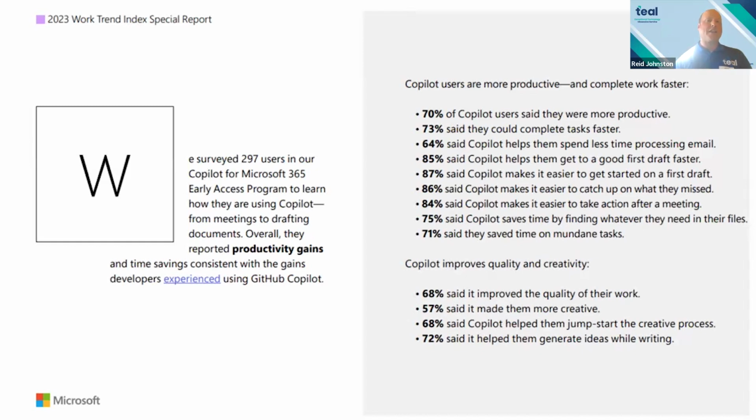In the 80s, said it's easier to get started on a first draft with documents that they're writing. High 80s said Copilot helped them be more productive with their meetings. High percentages said it was very helpful to helping them find their information. So many organizations have found that Copilot is very helpful.